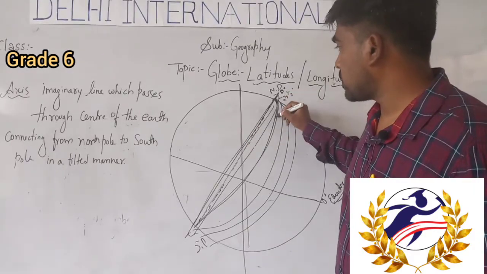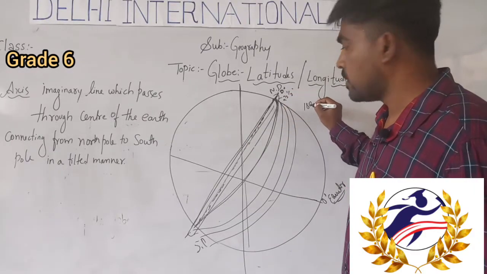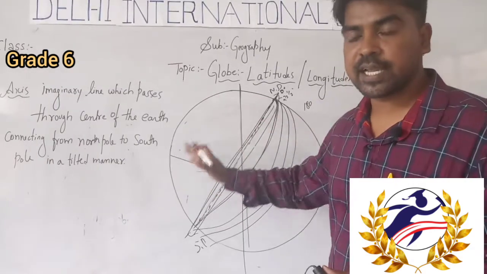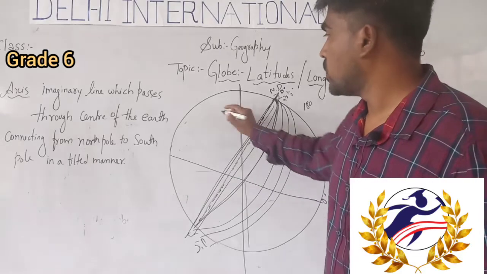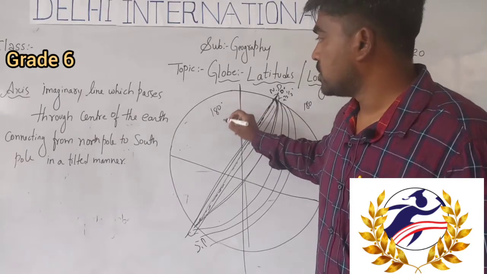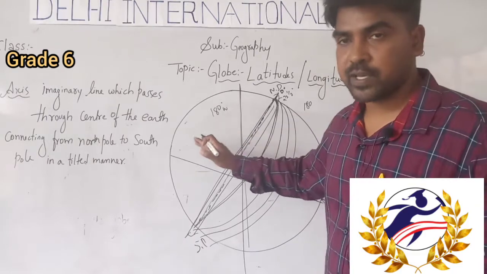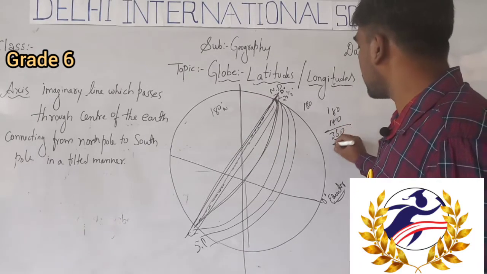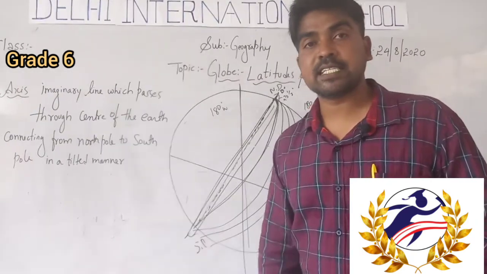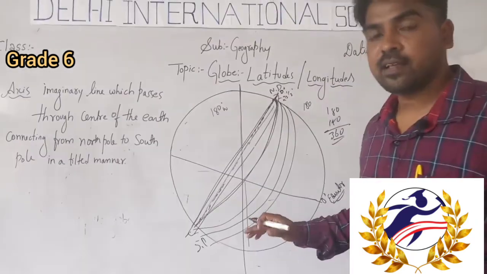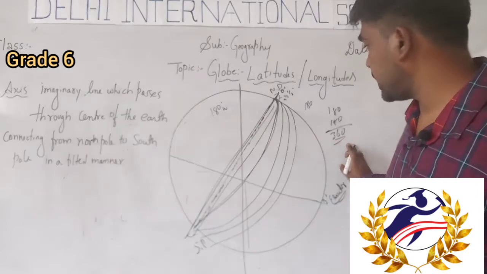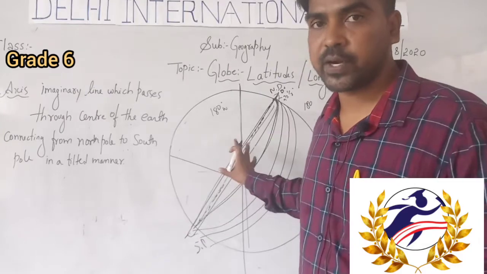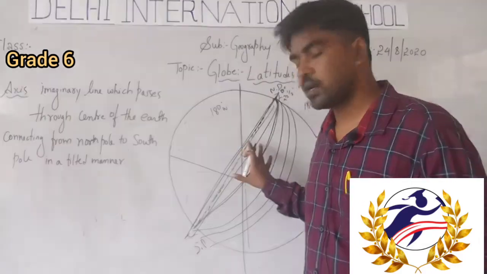There are 180 longitudes in the eastern hemisphere and 180 longitudes in the western hemisphere. So there are 360 longitudes and 180 latitudes. All these are very important for us to know more about our earth.